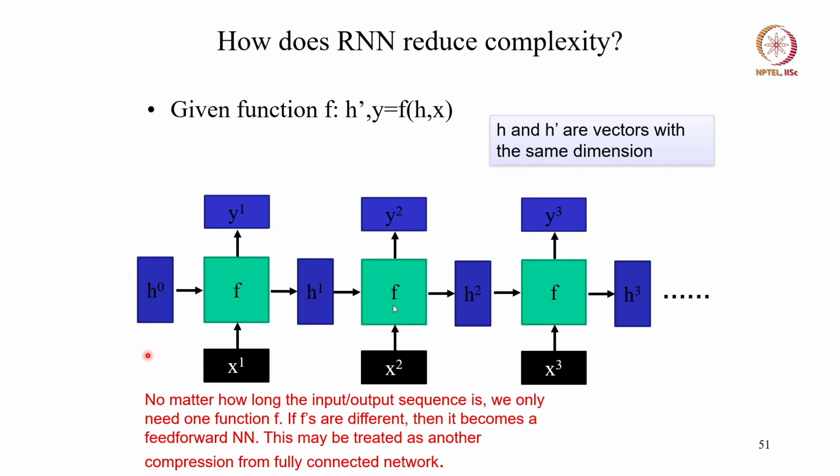So the simplicity here is that you have just one function f. The function f is not different for each of these layers; you just have one function f which you are going to use here.